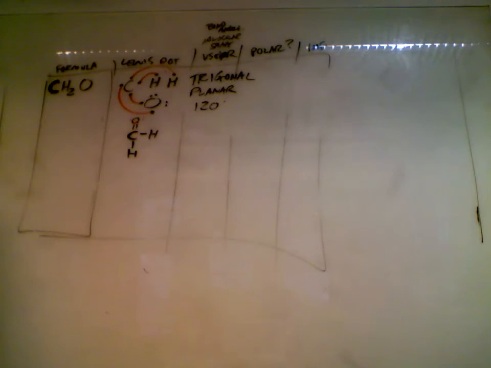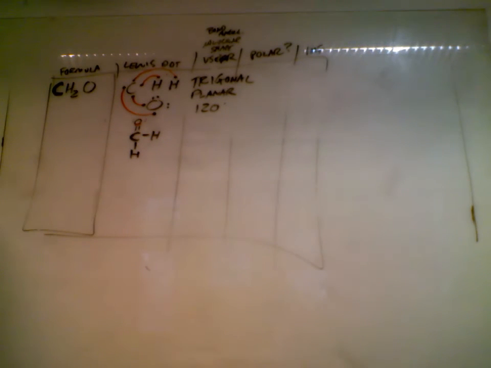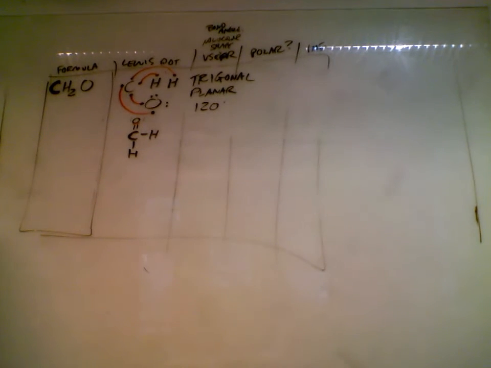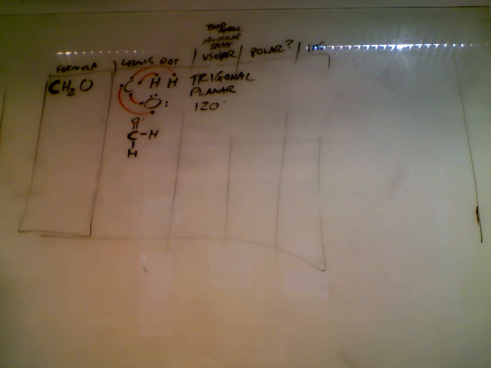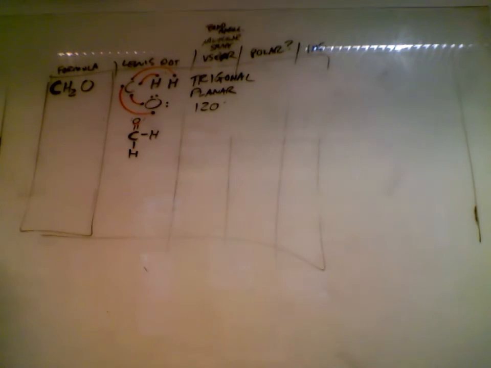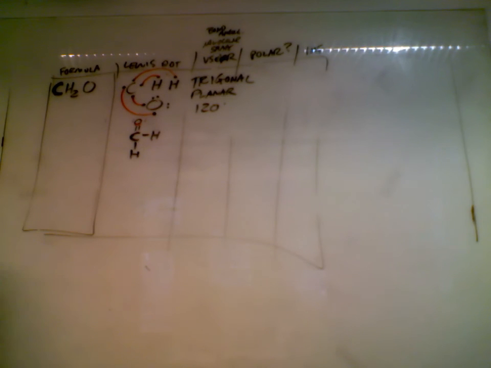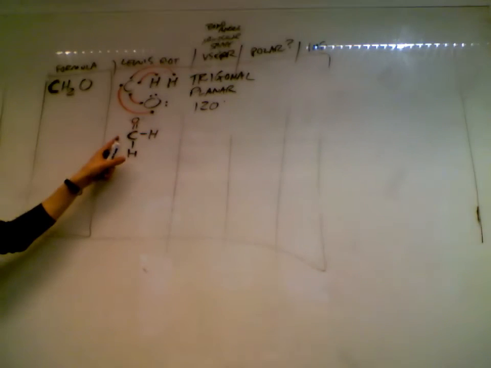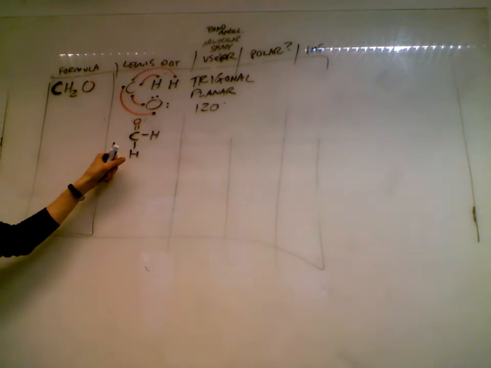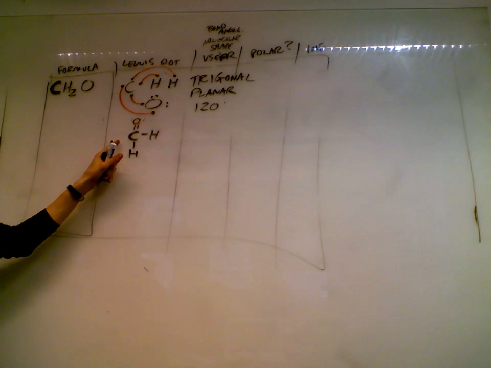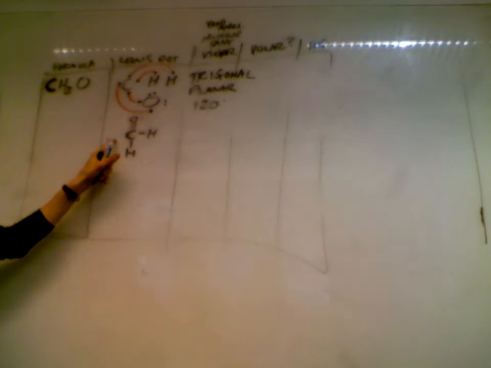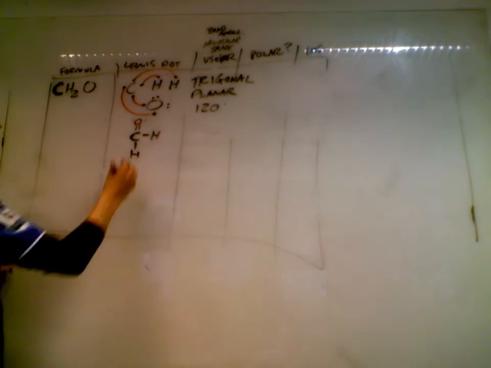I'm confused how we figure out whether it's trigonal planar or trigonal pyramidal. Well, the difference is that this does not have a lone pair here.